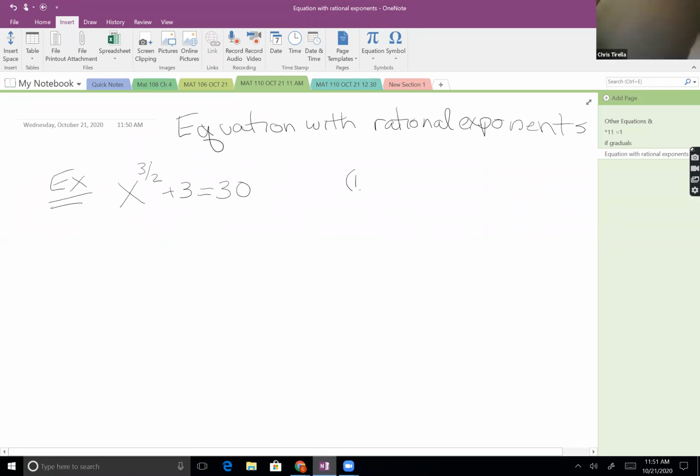The first thing that we want to do is isolate the factor, the part of the equation, the term, with the rational exponent.